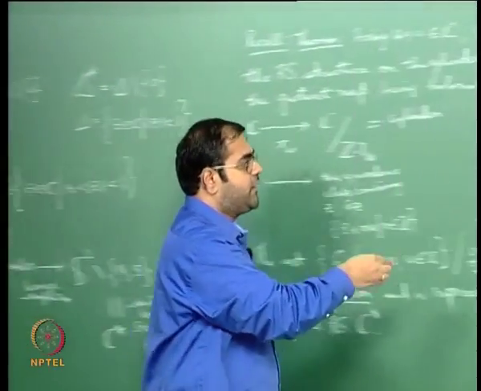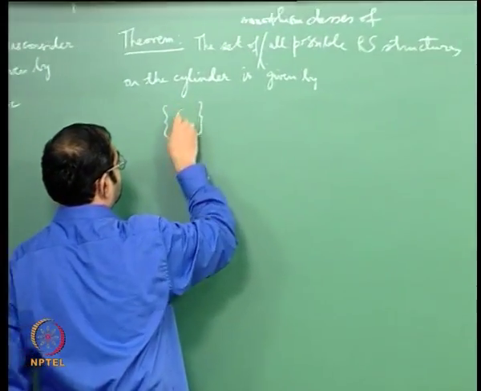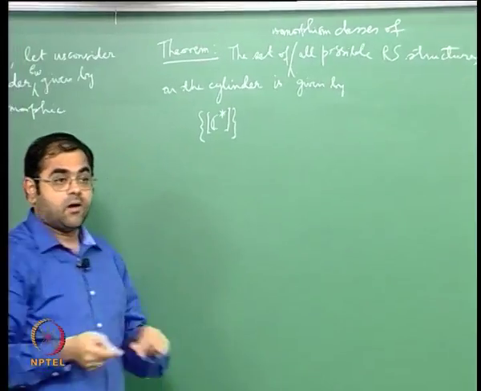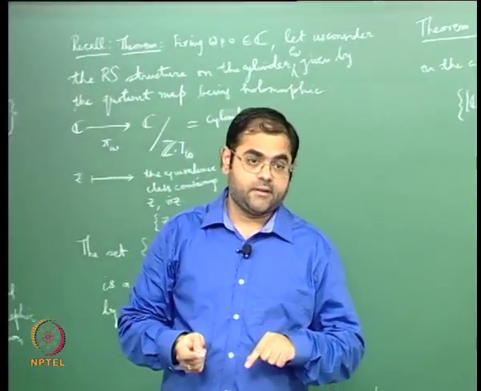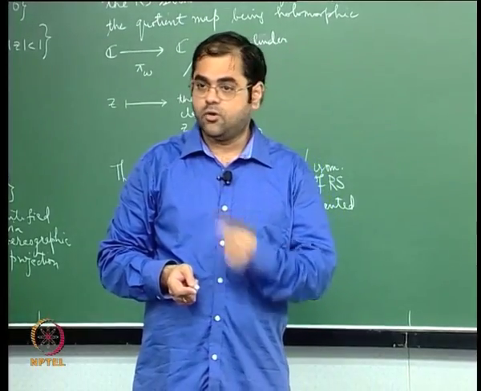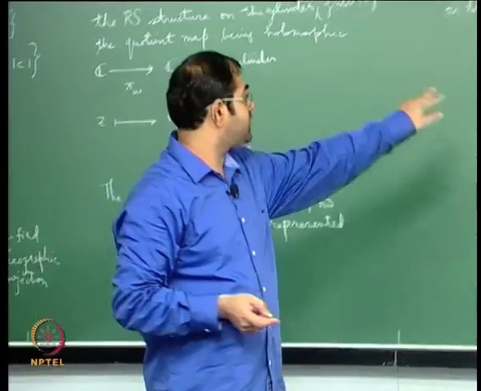So what I will do is I will put C star here and I will put a square bracket saying that I am looking at all those Riemann surface structures on the cylinder which are biholomorphic, that is holomorphically isomorphic to C star. So that is what the square bracket means.